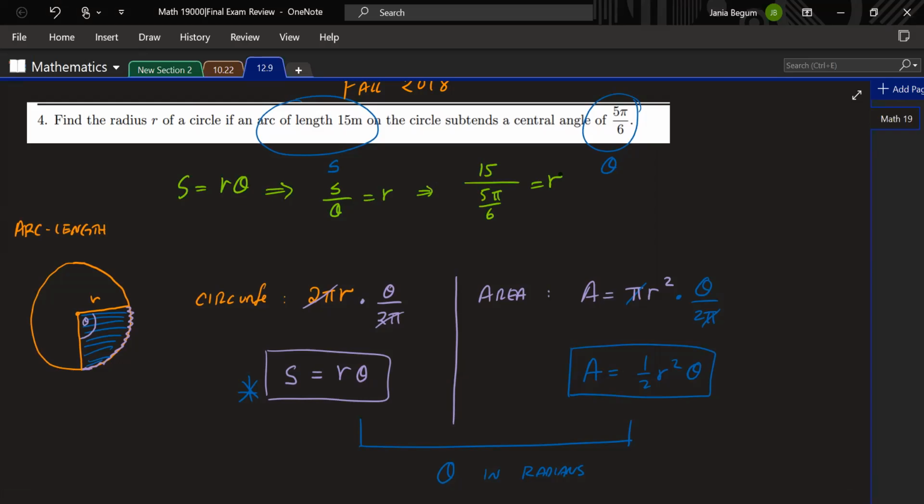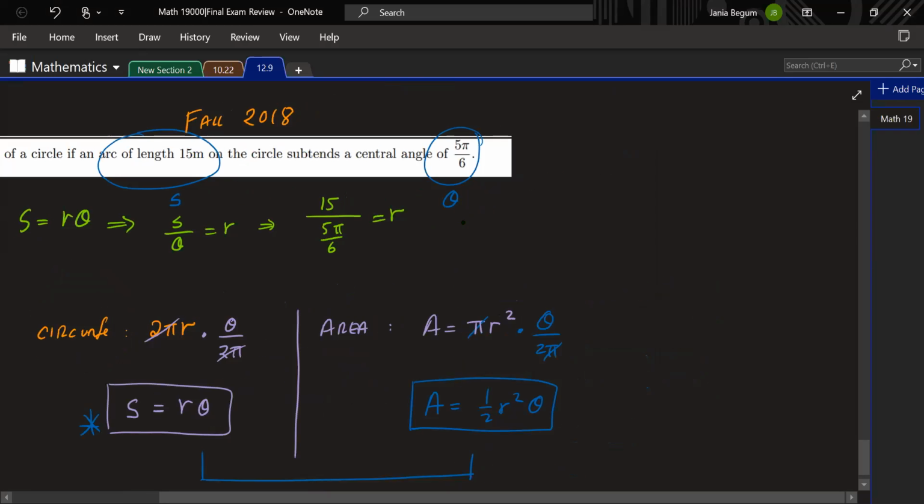So r is equal to 15 times 6 over 5 pi. Then the 5 and 15 can simplify, leaving 3. So r is equal to 18 over pi. That's how big the radius is.